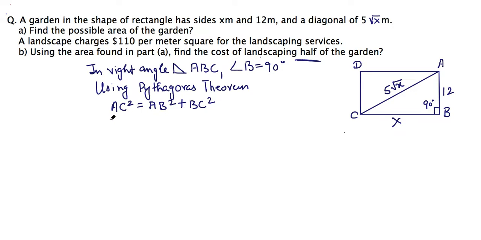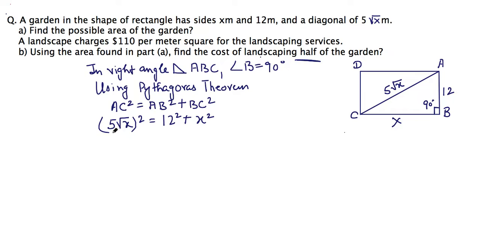So let's replace it with the actual values. It's 5 root x square is equal to, then what is my AB? AB is 12, so it will give me 12 square, and BC is x, so this is x square, right?